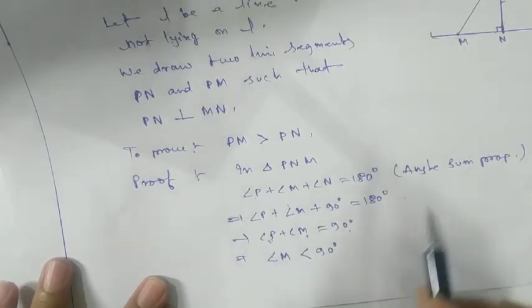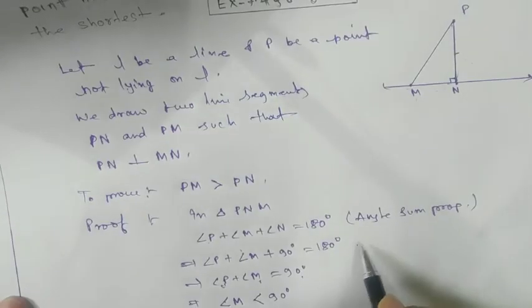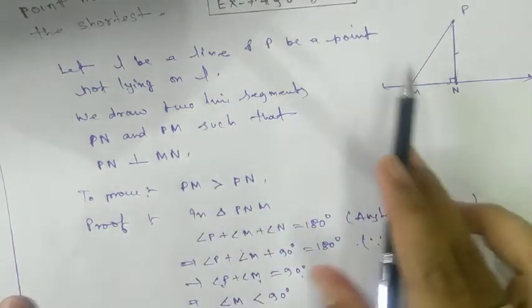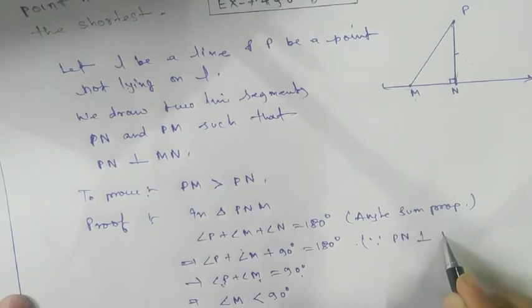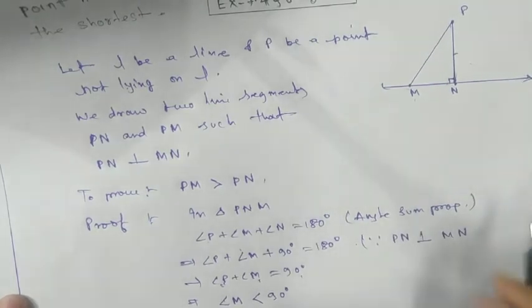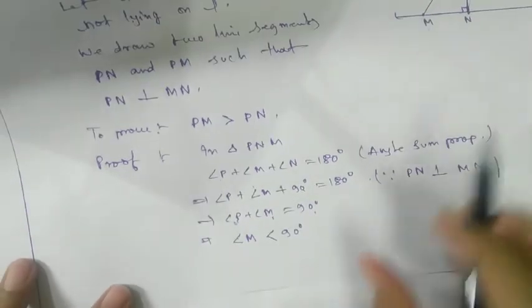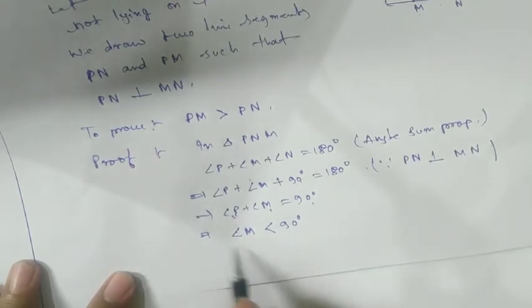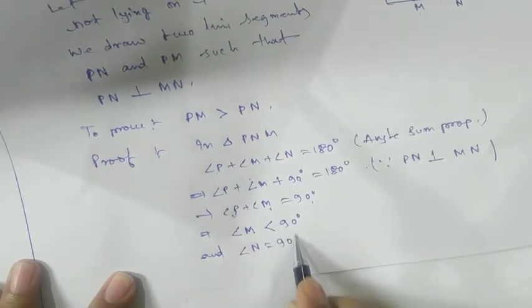So here we need to mention that, as according to the question, PN is perpendicular to MN. Okay, we need to mention it, otherwise how could you say that this is 90 degree? So the reason should be compulsory. Okay, now angle M is less than angle N, as angle N is 90 degree.